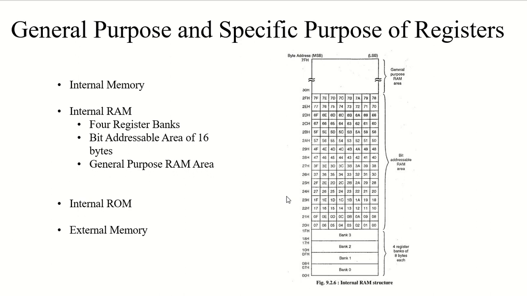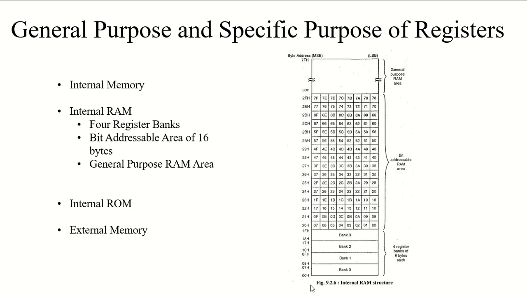After that you have the general purpose RAM area. As you can see, it starts from 30H and goes till 7FH, which means it occupies the largest portion of the RAM, right? Don't mistake it for a small area because they drew it smaller; consider it a larger area, because we broke the line from here. So it starts from 30H and goes till 7FH.